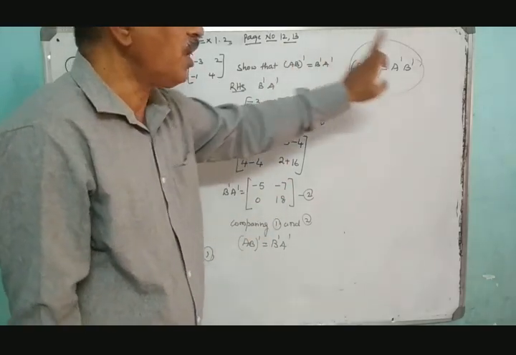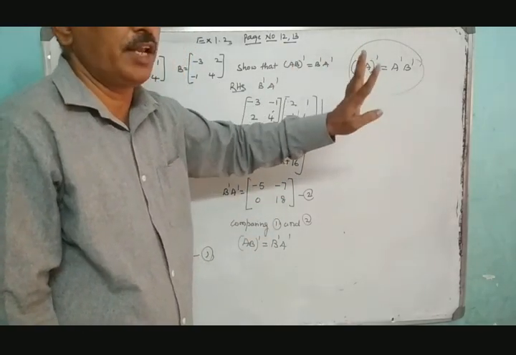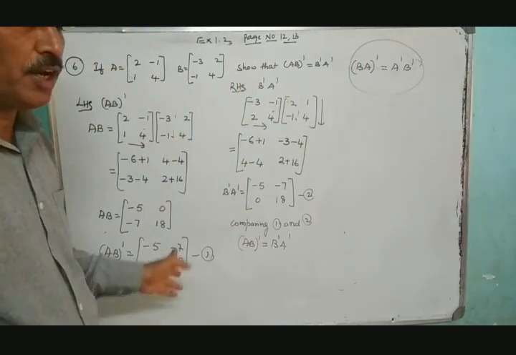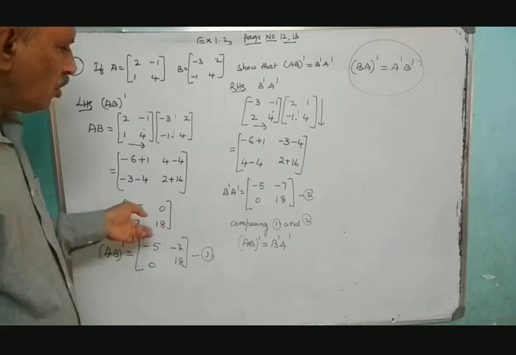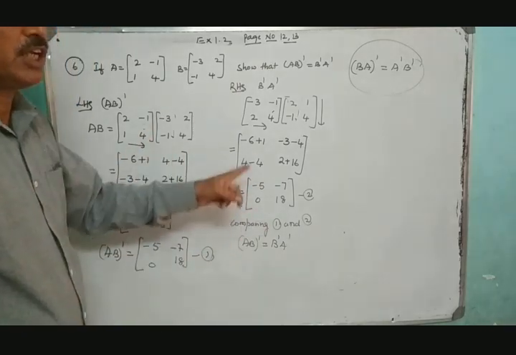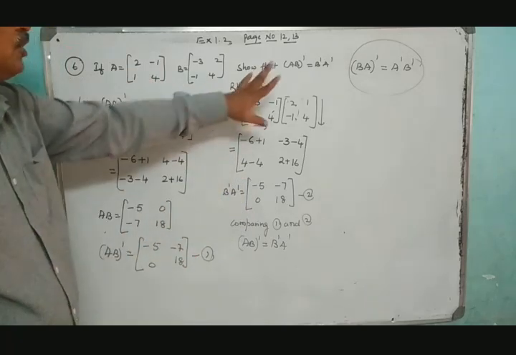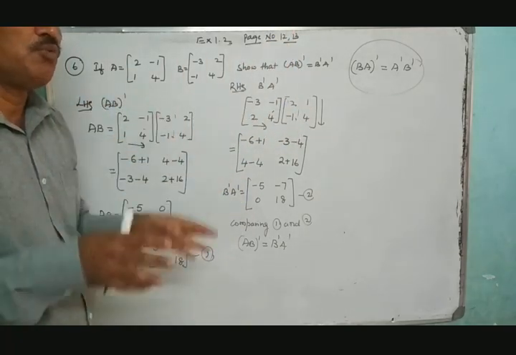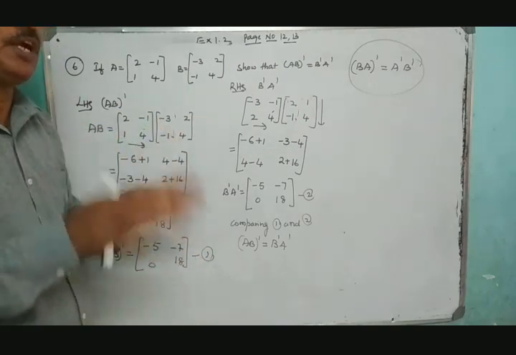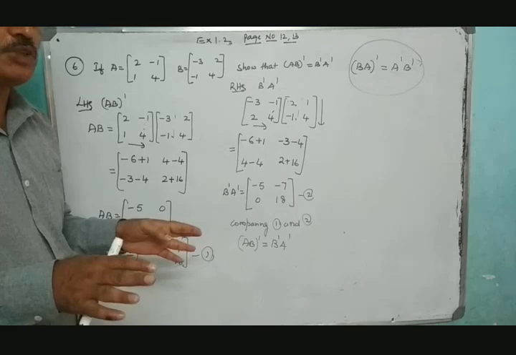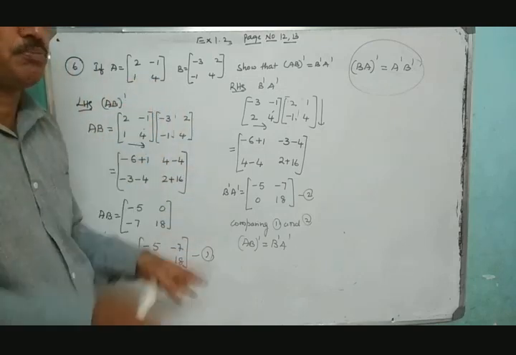This is also equal. It cannot be unequal. So you see that you take the question properly, and if you don't get these two equal, you recheck, somewhere you will be wrong. This proof cannot be wrong. Always (AB) whole transpose will be equal to B transpose A transpose. Always (BA) whole transpose will be equal to A transpose B transpose.